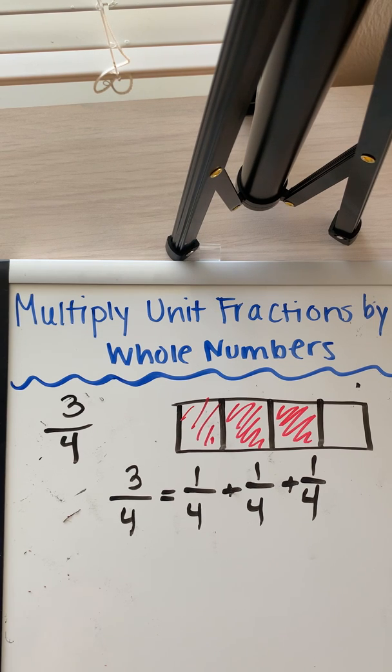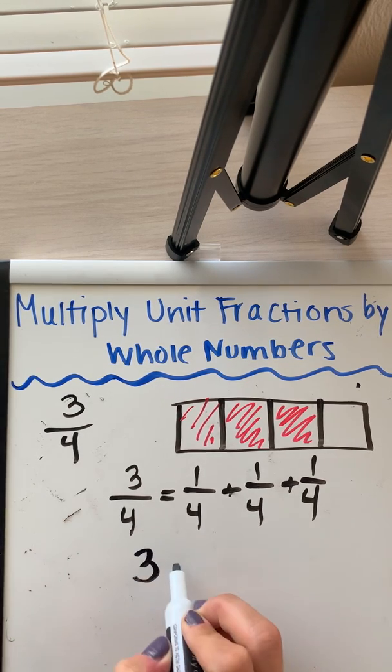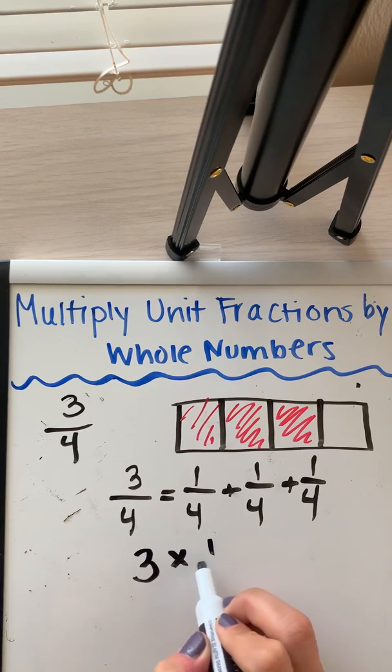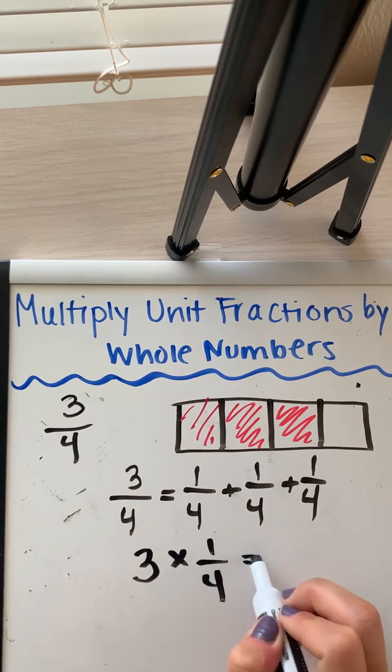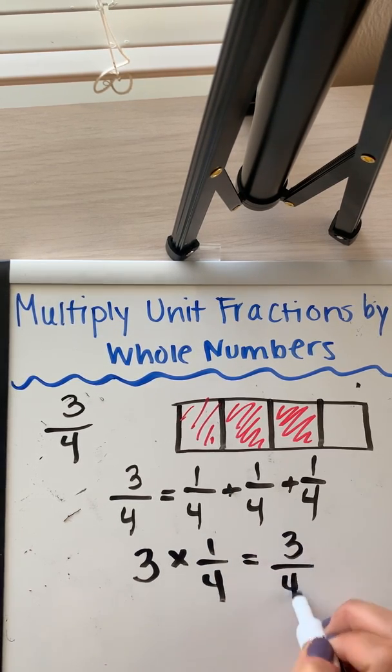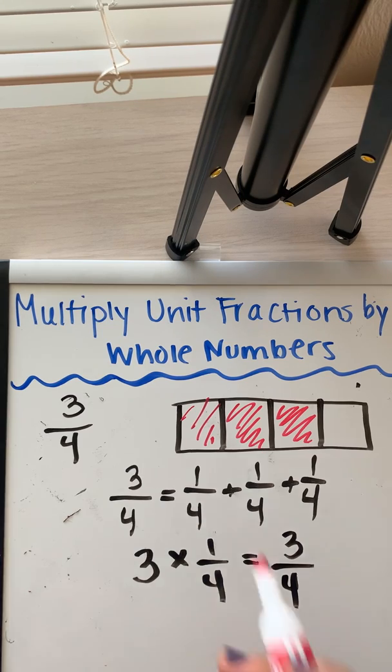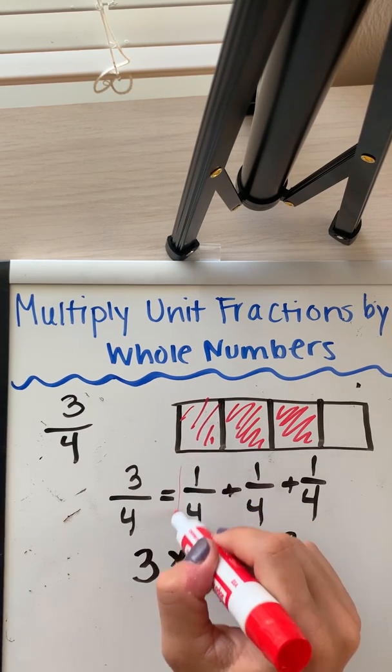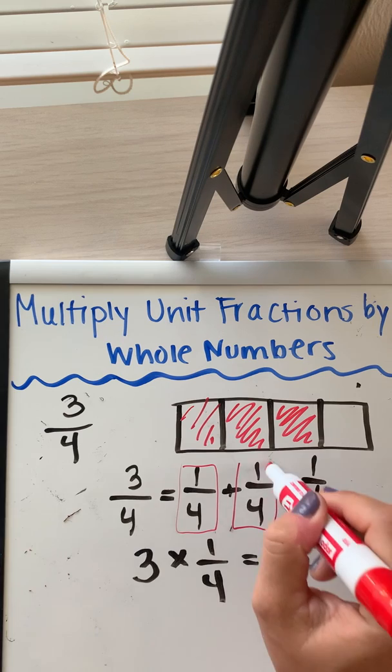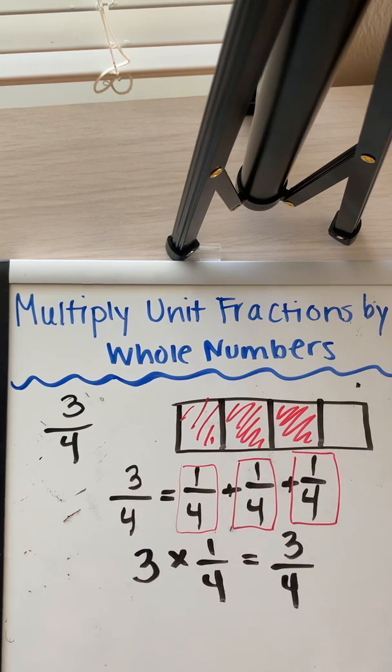Now this is where multiplication comes in. I can write this addition sentence as a multiplication sentence. I can write it as 3 times 1/4 equals 3/4, because I have 3/4 up here. 1, 2, 3.